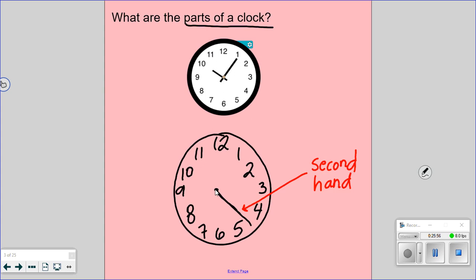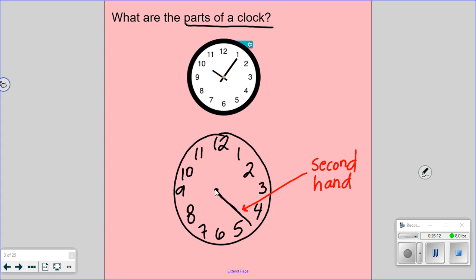Alright, the next hand we're going to look at, if I look at my clock, you'll notice that one of them is shorter than the other. One is slightly shorter, one is longer. We're going to talk about these long ones.